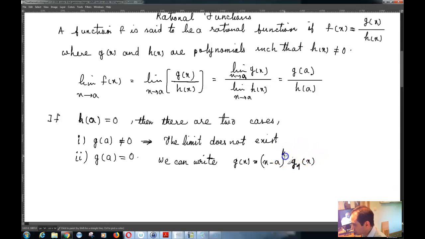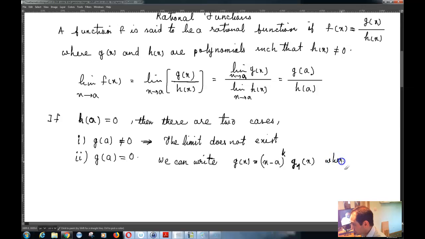You can take this factor out and then write it as the product of some polynomial g1 of x of a lesser degree and this factor over here, whatever that might be, that you will see in the examples.